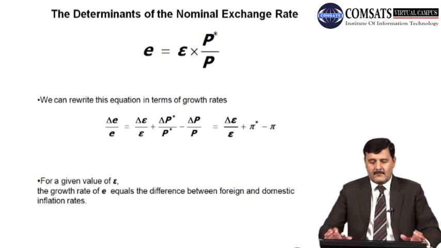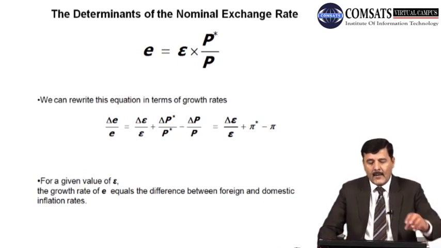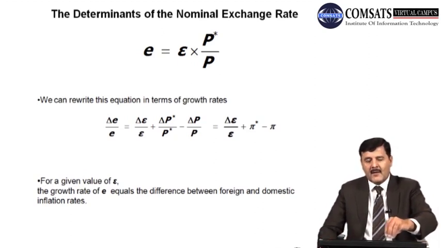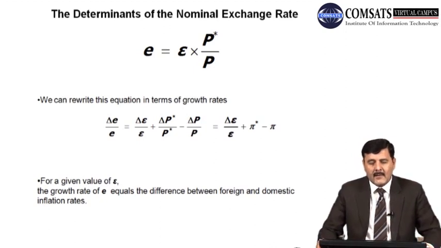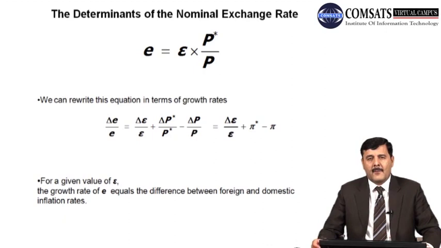So what we have concluded is that the nominal exchange rate is equal to the real exchange rate times the price of the product at the foreign market over the price of the product at the domestic market.